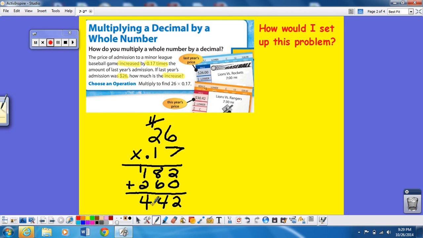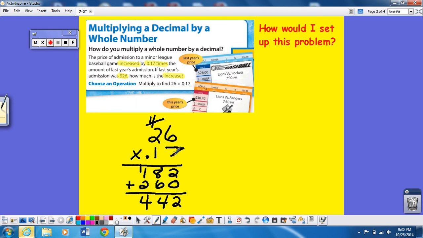Now, remember we're trying to find how much the increase was in the price of admission. We've multiplied by a decimal, which means our answer has to have a decimal in it. The way you determine where your decimal goes is to look back up in your two factors. You count the number of digits total that are after the decimal point. And in this case, only one of the numbers has a decimal point in it.